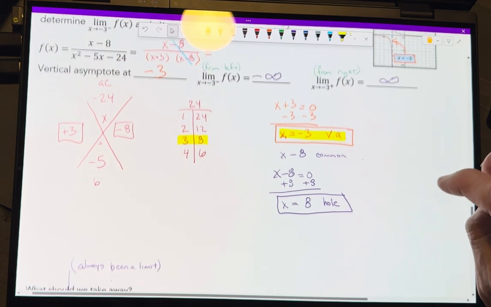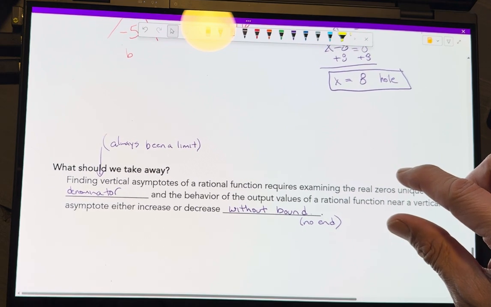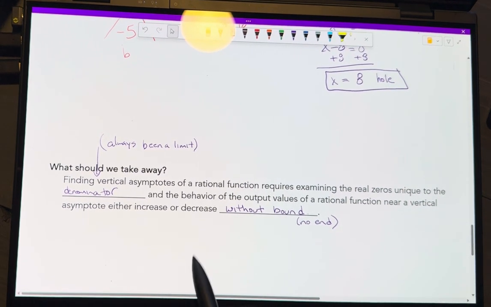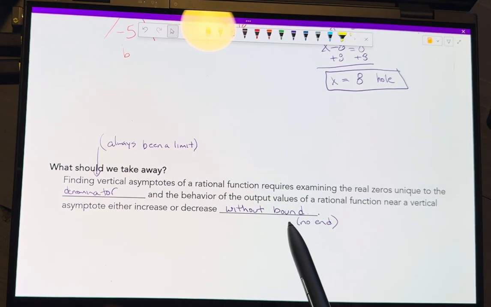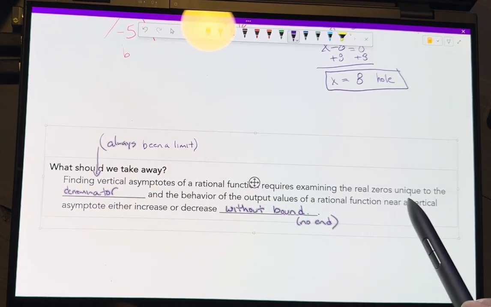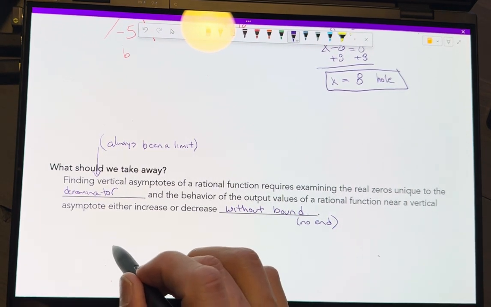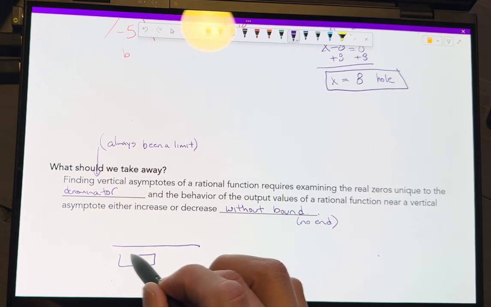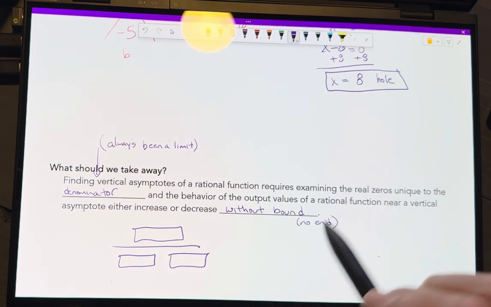All right, so what are the takeaways? You're almost done hearing me yap here. What should we take away? First, finding vertical asymptotes on a rational function requires examining the real zeros unique to the denominator. Again, we're trying to find these zeros down here so that we can find the asymptotes, regardless of what's up here.